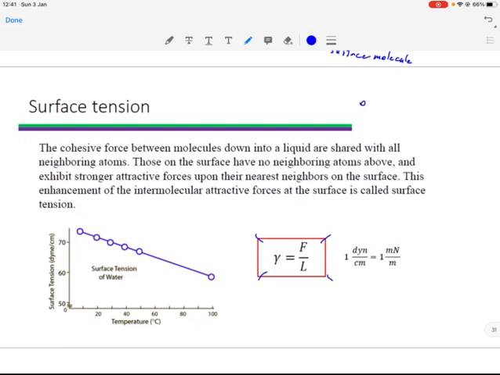When, okay, so let's make it simple. So this is like a metallic wire floating on water. Okay, let's say this is floating on water.